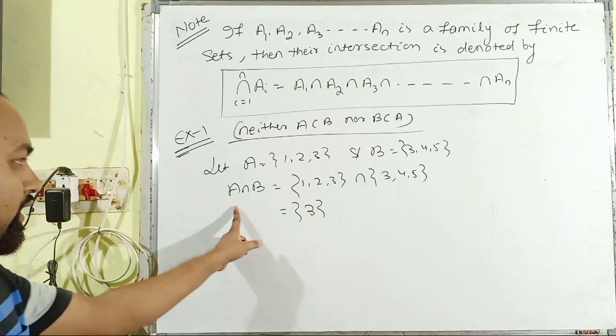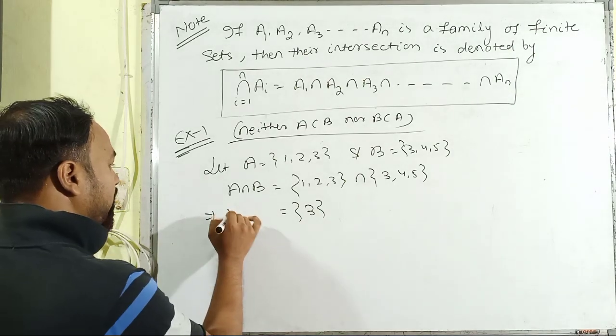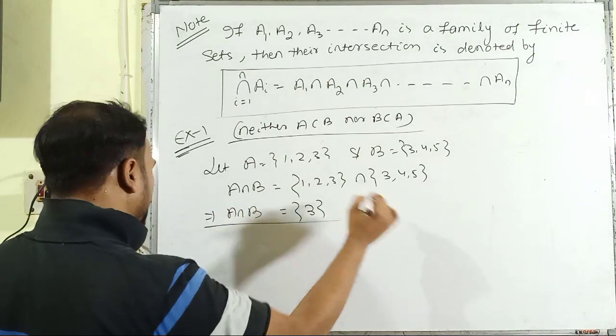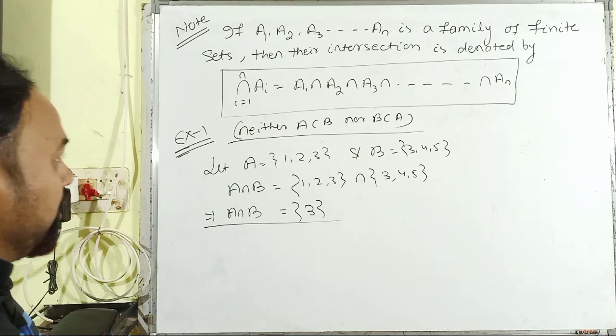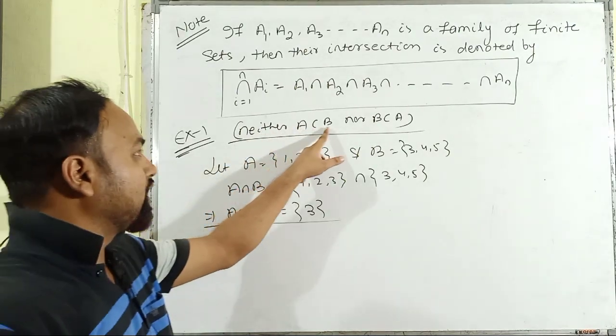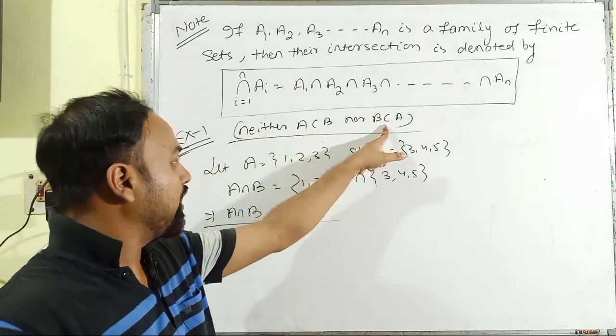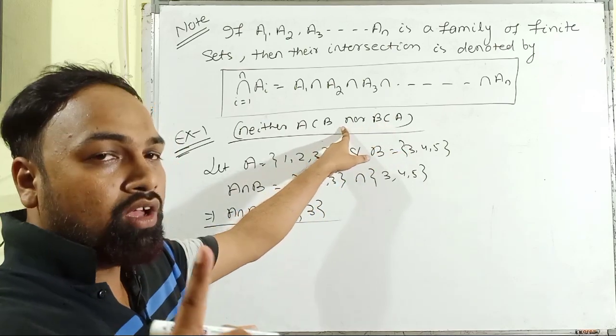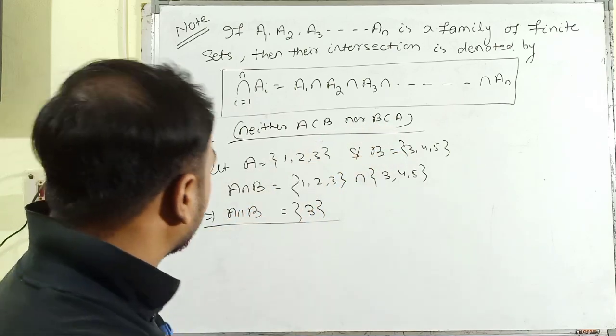So here A intersection B is equal to {3}. This is based upon the fundamental case of neither A subset of B nor B subset of A. We have already discussed it in Venn diagram number 1.